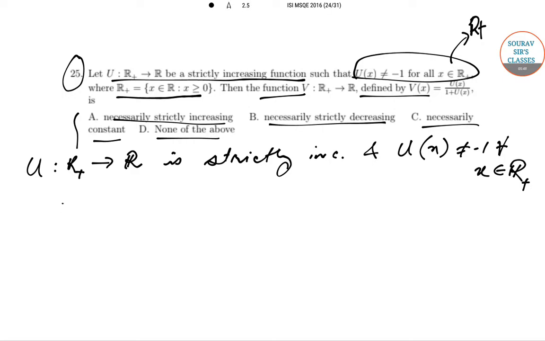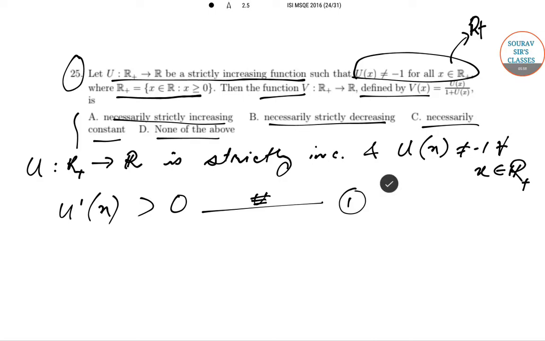So this implies that u dash x is greater than 0. This is the first condition, one condition that we have achieved. Now we have to find out whether the function v of x is strictly increasing, strictly decreasing, or constant. That can only be found out if we find out the value of v dash x.